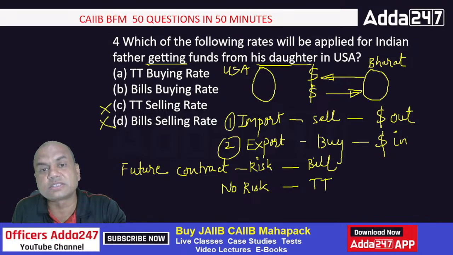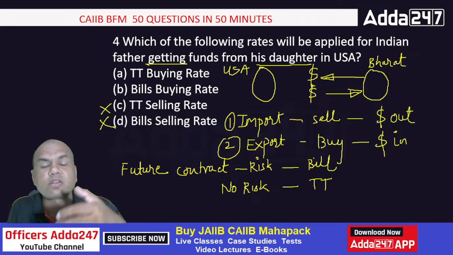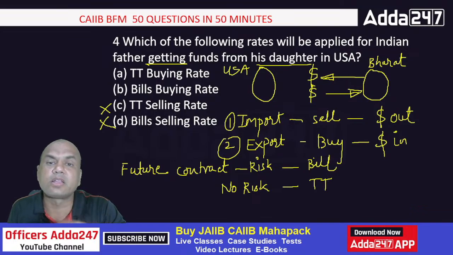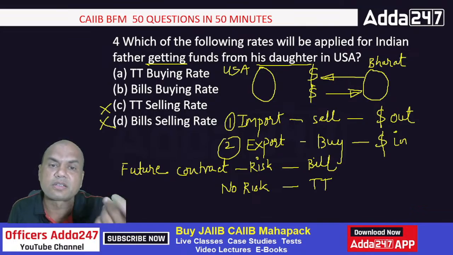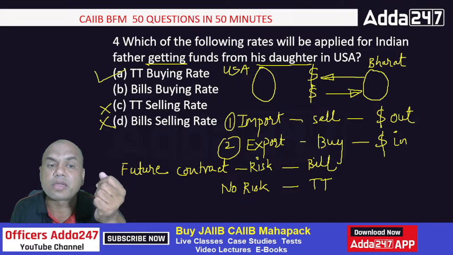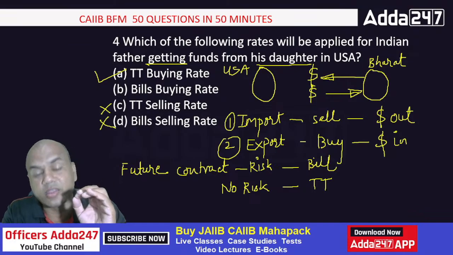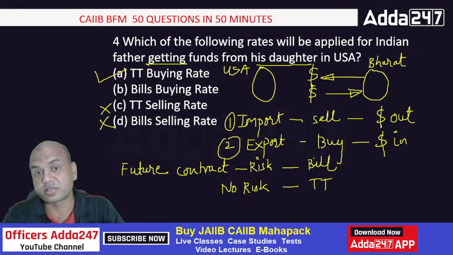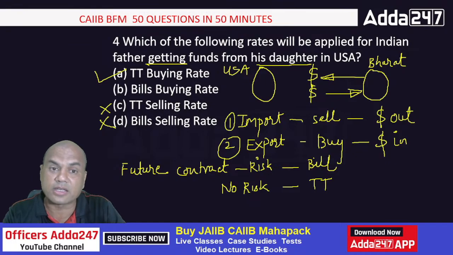Does it involve any risk? No. The father will just receive the dollars and convert them to rupees, and that's it. So the buying rate is okay, but which buying rate? The answer is the TT buying rate because no risk is involved. So the answer is A. Very important answer. Everyone got this? Type yes in the comment section if you have understood it.